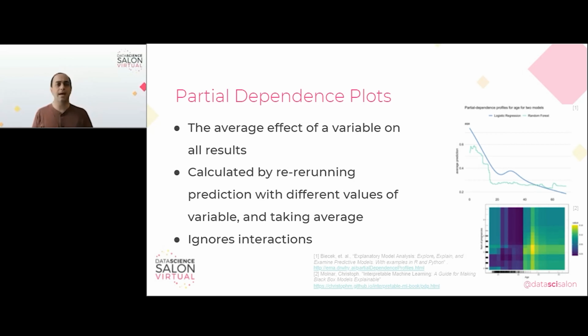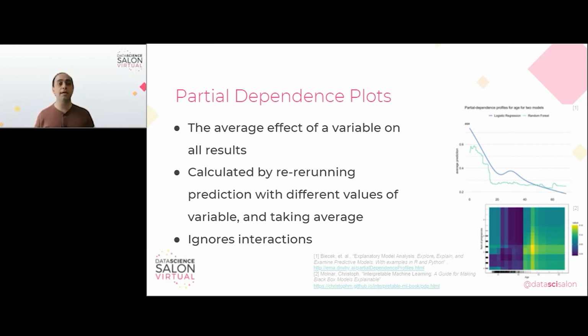Now let's say that every single person in your data set was 5 years old. What would the average survival rate have been? Now let's look at everybody 10 years old, and so on, up until the maximum age in your data. You can now plot this, and you have your partial dependence plot.